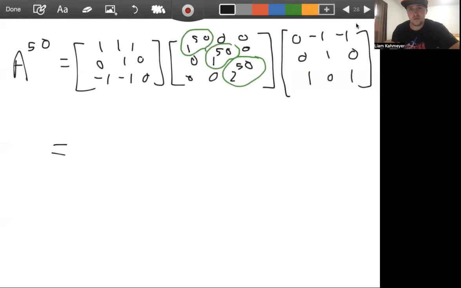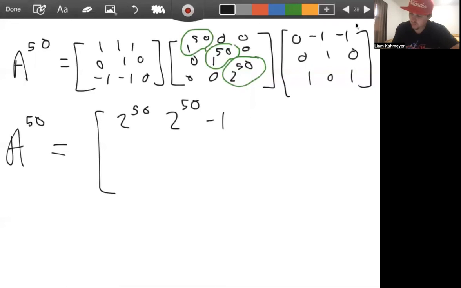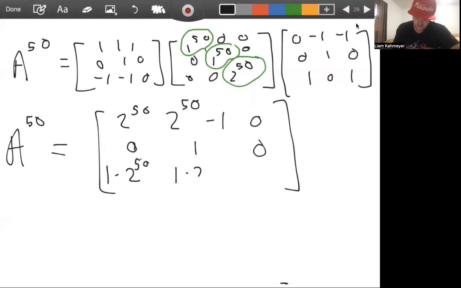When I solved this myself, I just left that as 2 to the 50th power. And so after you take the product of those three matrices, you should get 2 to the 50th, 2 to the 50th minus 1, 0, 0, 1, 0, 1 minus 2 to the 50th, 1 minus 2 to the 50th, 1.